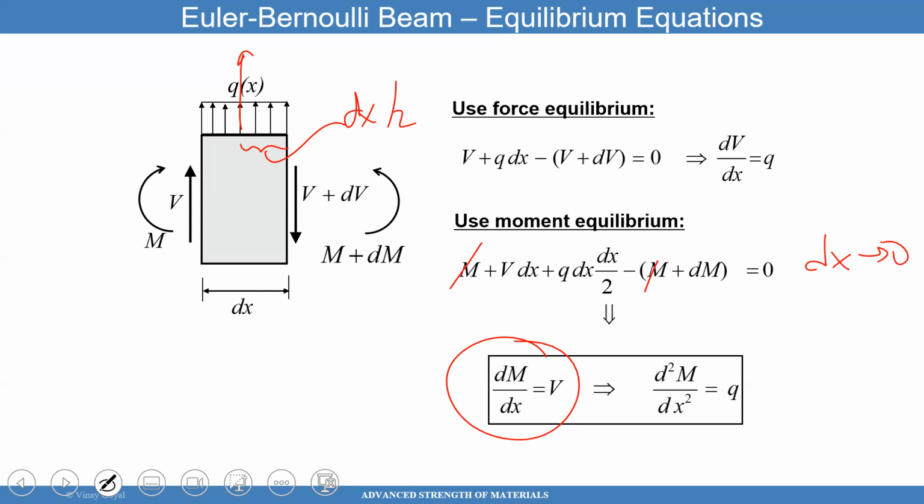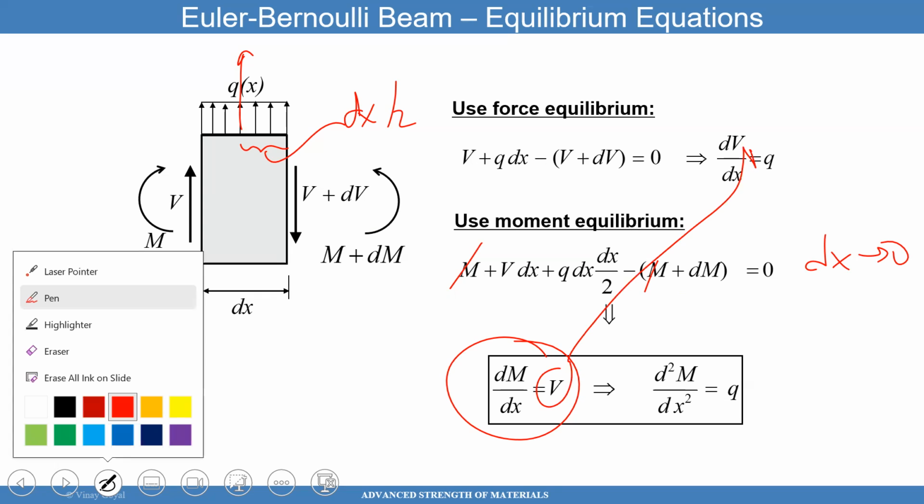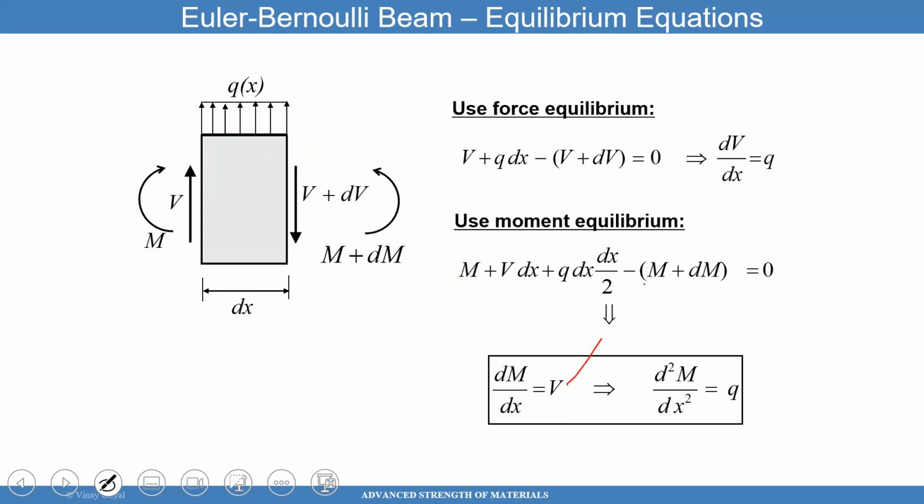Secondly, if I plug in the definition of V into the equation at the very top there, and let me draw this again so it's clearer, I put this into this V there. What I get now is that the second derivative of the moment with respect to x is q, q being the pressure load applied. So again, moment is an internal quantity, an internal type of force.